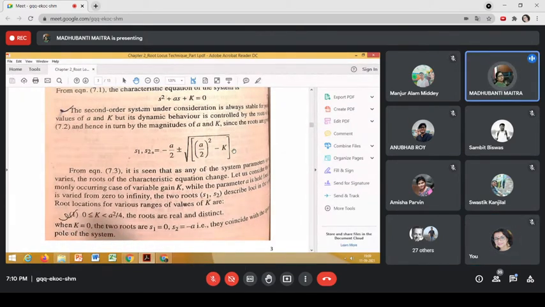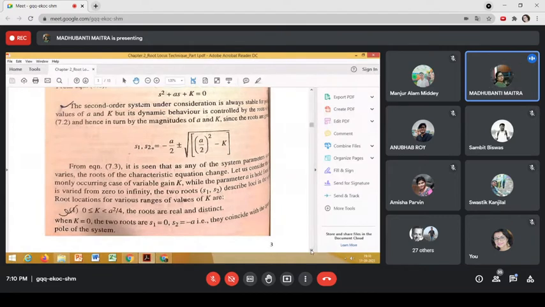So as I said, we'll be varying the value of gain K from 0 to infinity. If the value of gain K is 0, then what will be the locations of the two closed loop poles, that means the roots of the characteristic equation on the s-plane?